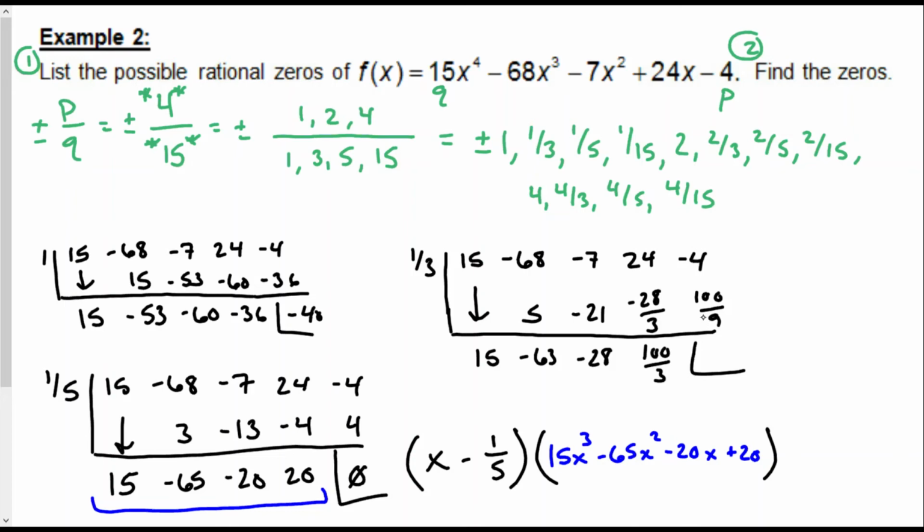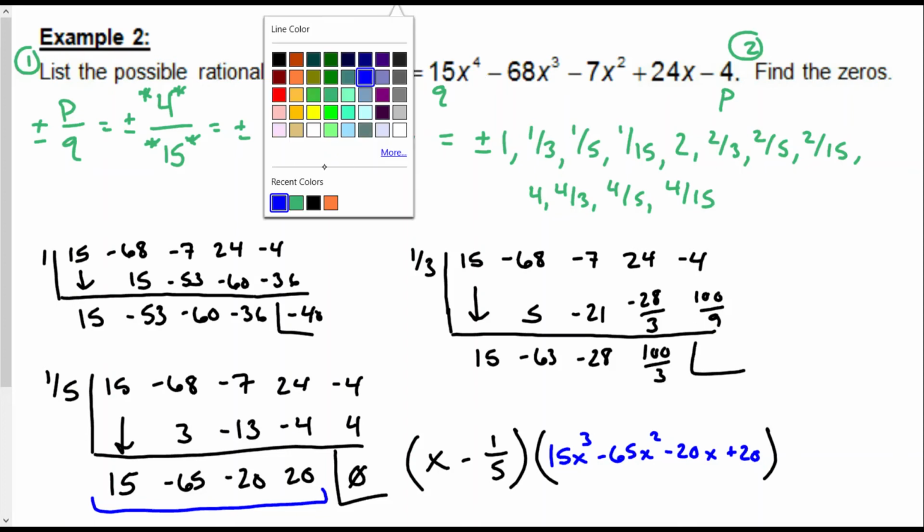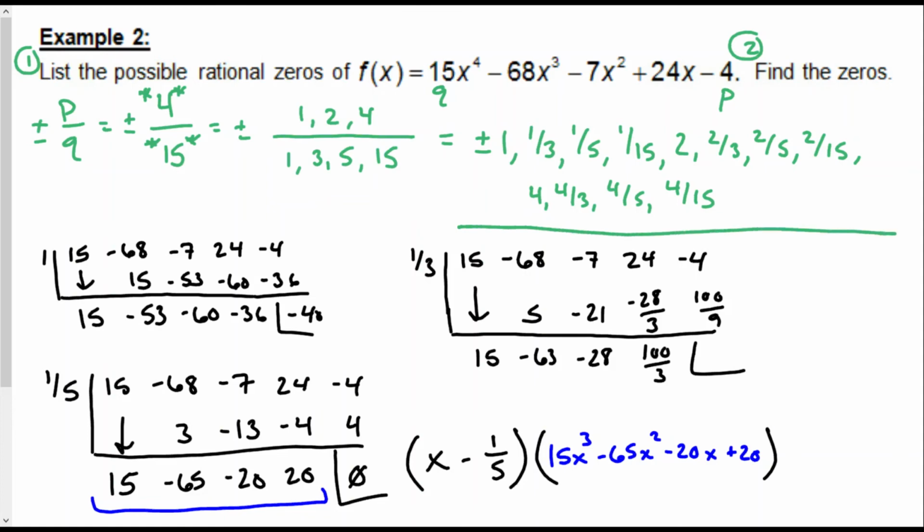So your homework for today, you've got a sheet where for each one of those, you have to go through and list all the possible rational zeros. When you're listing all the possible rational zeros, what I'm asking you to do is give me this list, this plus or minus P over Q. Sometimes the list will be short. It may only have 3, 4, 5 things in it.